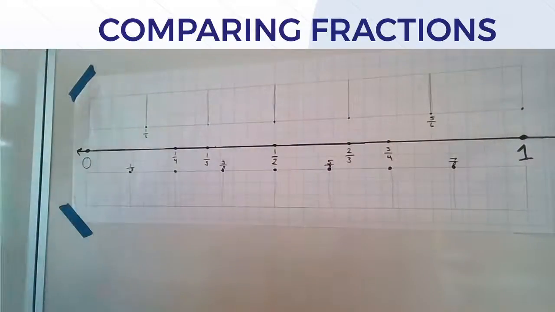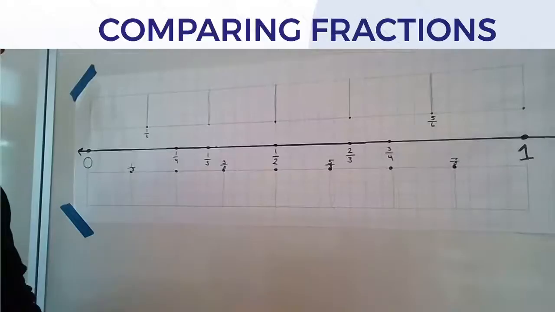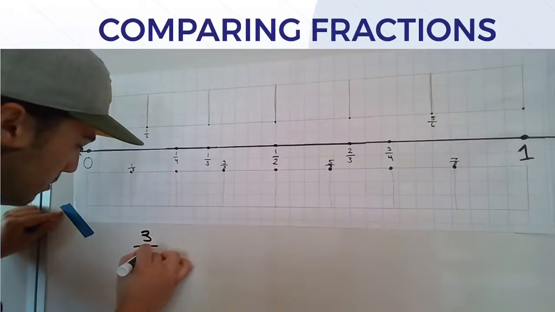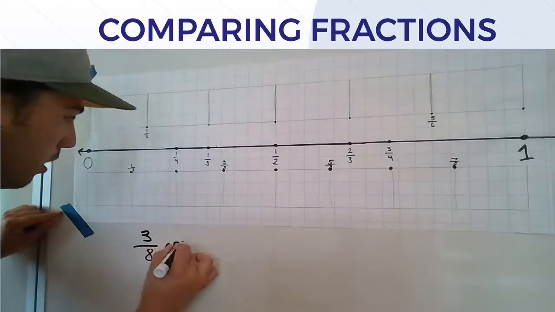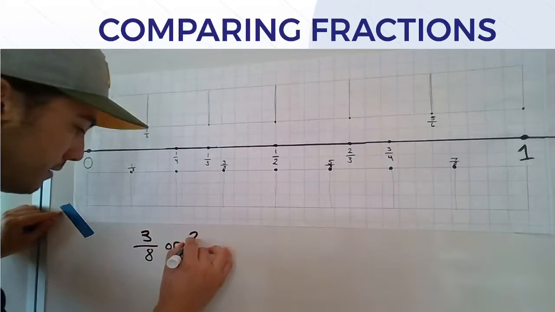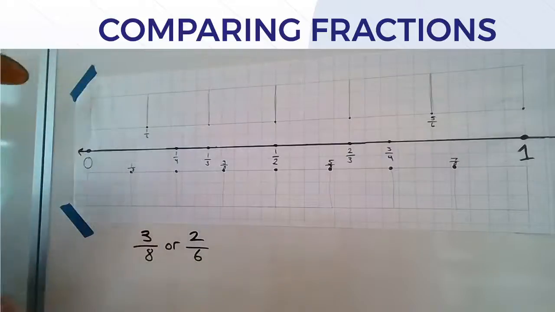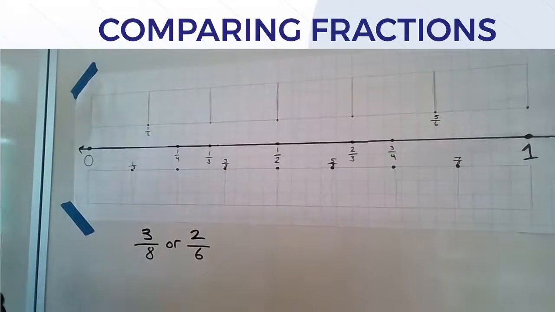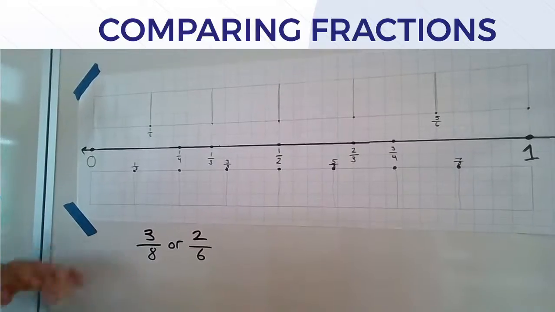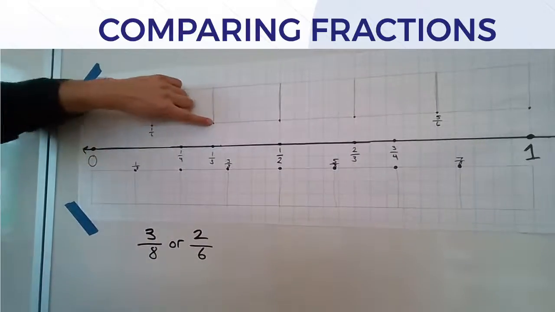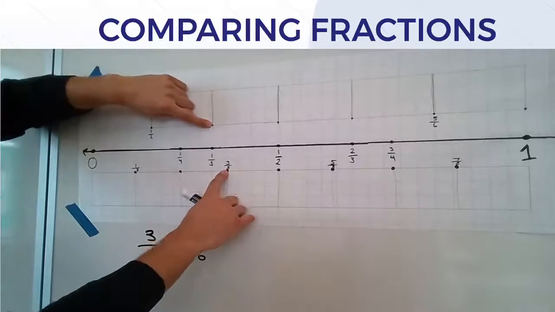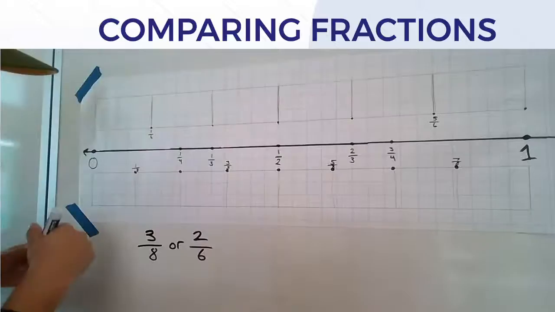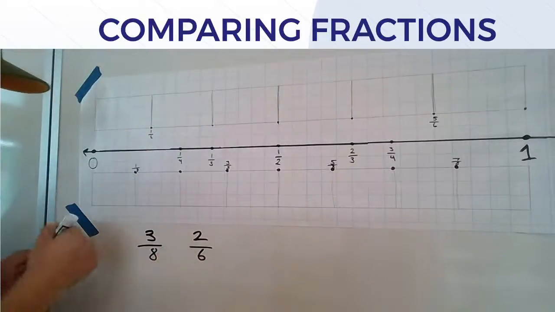Ta-da. So if I asked you which is greater, 3/8 or 2/6? We could look at where they fall in the number line. So we'll find 2/6. We'll find 3/8. Which one is further down the line there? Yep, 3/8 is the greater one.